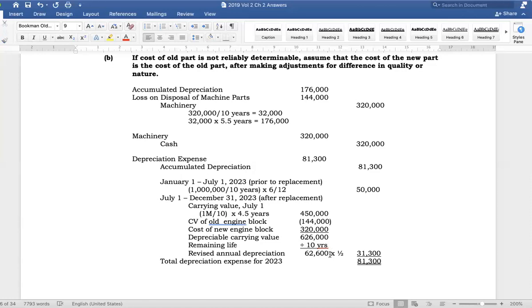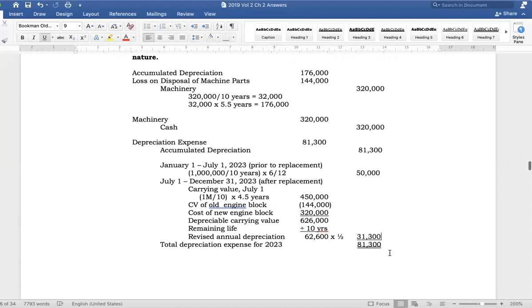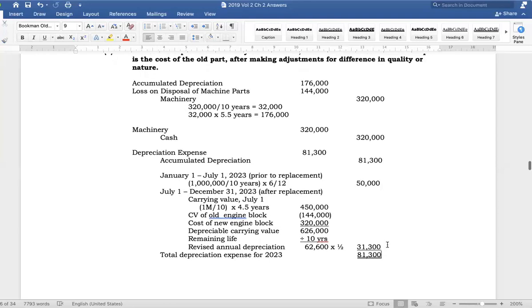Therefore, your revised annual depreciation is 62,600 times the number of months again from July 1 to December 31. That's 6/12 or 1/2 of a year. So that's 31,300. So your total depreciation expense for 2023 is 81,300.